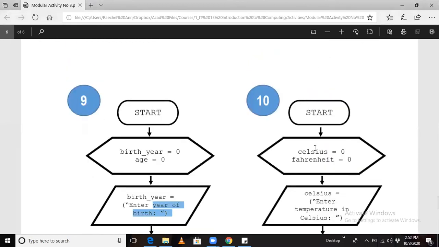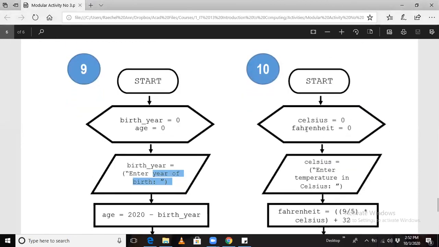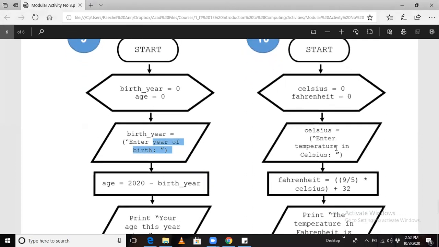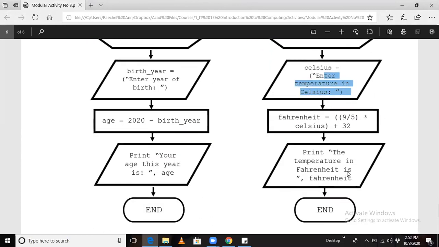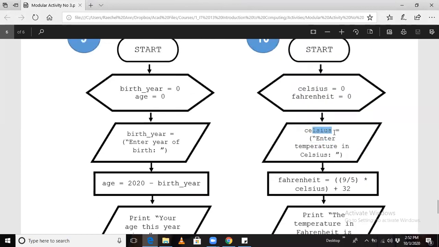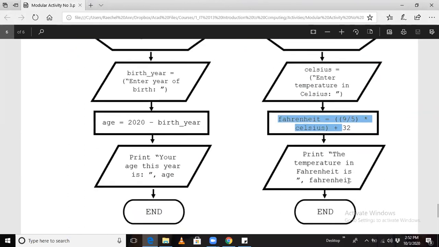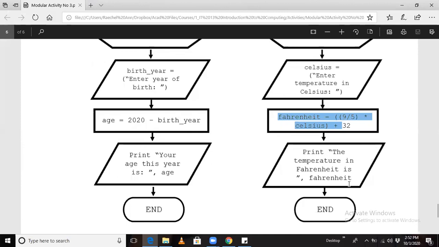This one, Celsius. Celsius is 0, Fahrenheit is 0. Enter temperature in Celsius. This is an example of taking input. You use that value, Celsius, to convert that into Fahrenheit. The temperature in Fahrenheit is, and then output Fahrenheit.